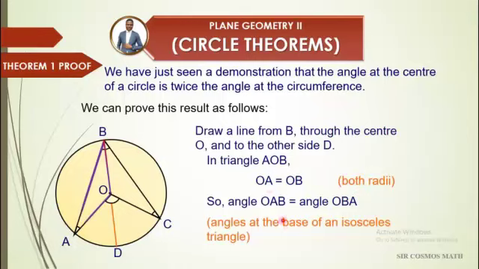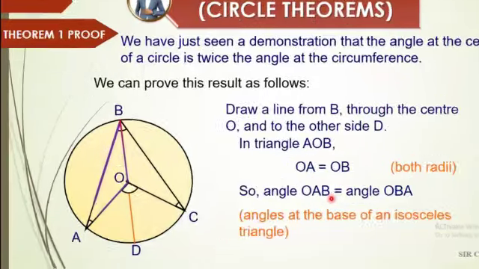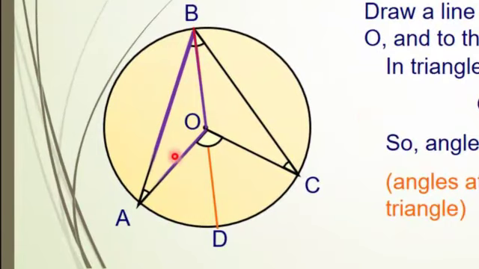which means angle OAB is equal to angle OBA. That is, this angle is equal to this angle. Angle OAB, this angle, is equal to angle OBA, this small angle, and we can name that angle X, which means this and that are the same.